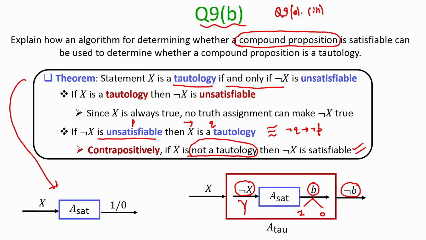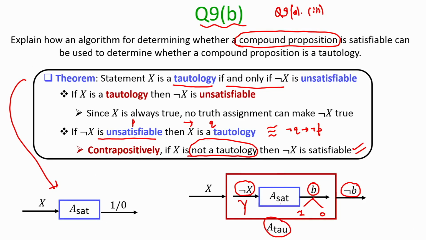And this is because of the theorem statement which we have just proved: if at all x was a tautology, then y will be unsatisfiable, right. That is why I am just flipping or complementing the bit, the response which I am getting for the expression negation x from the ASAT algorithm. What will be the running time of the algorithm A tau?